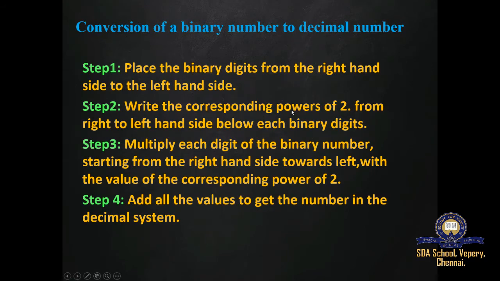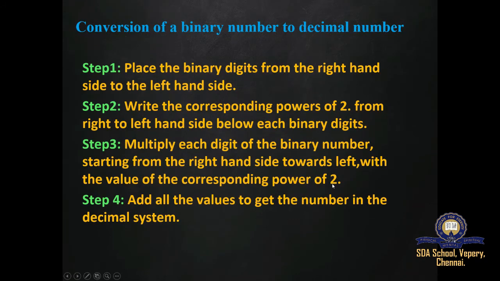power 3, like that we have to give the corresponding powers of 2 from the right hand side below each binary digit. The third step is to multiply each digit of the binary number, starting from the right hand side towards the left, with the value of the corresponding power of 2.